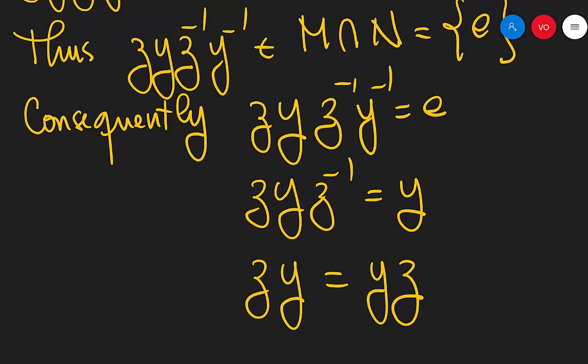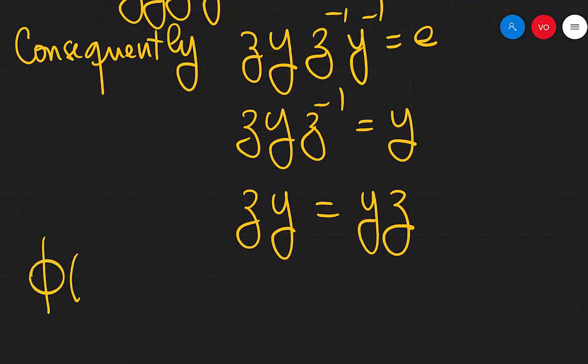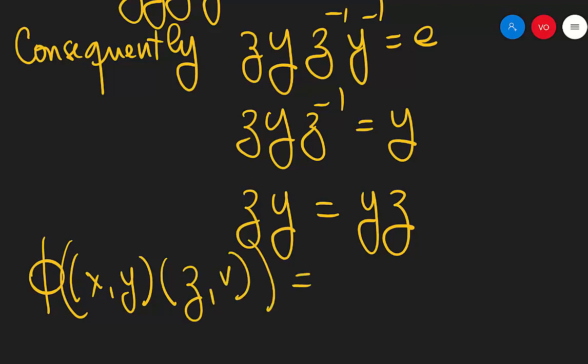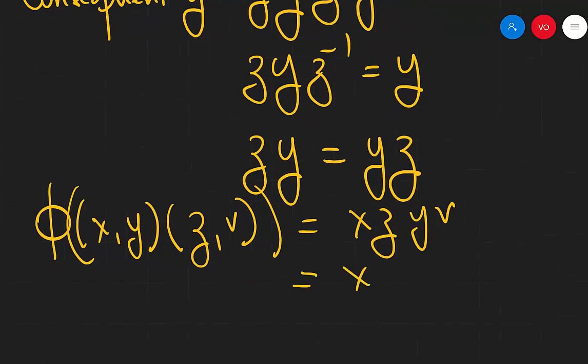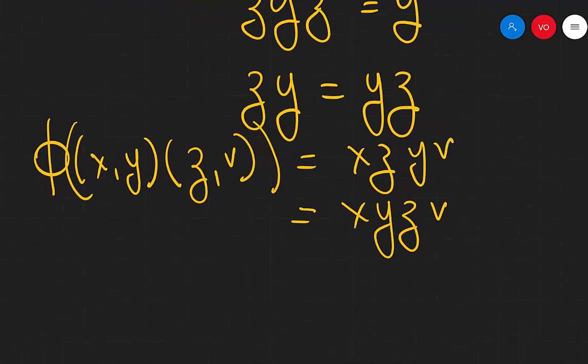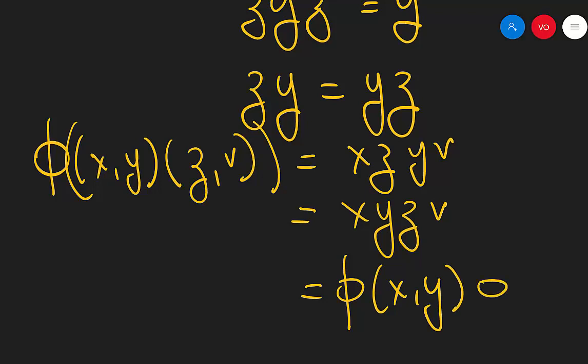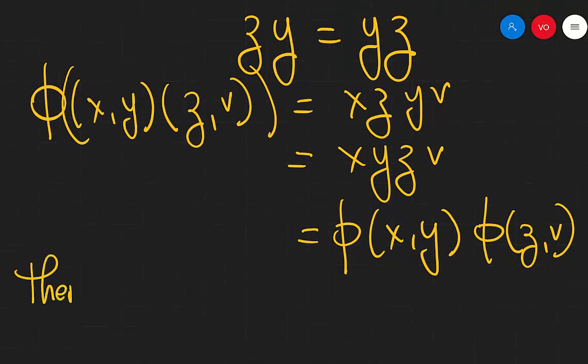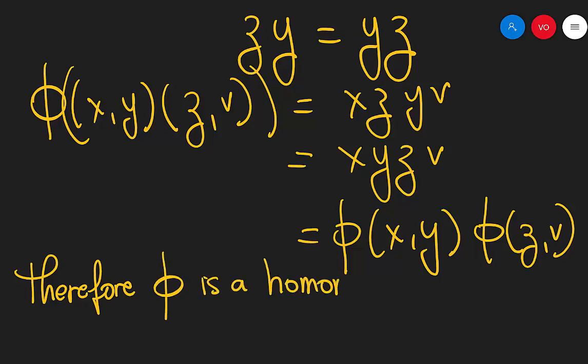Okay, so zy is equal to yz, and as a result, phi of xy times phi of zv, which is xz yv, will be equal to xyzv, which will be equal to phi of xy zv. Therefore, phi is a homomorphism. Okay.